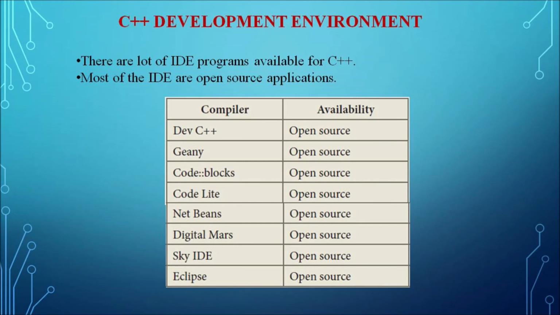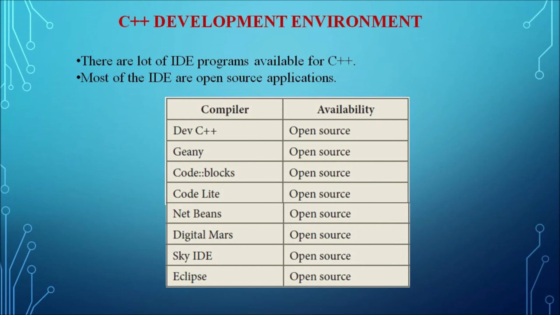In the execution of a C++ program, we came across the term IDE, that is Integrated Development Environment. Now we are going to see what development environments are available. There are a lot of IDE programs available for executing C++ programs, because the IDE makes it easy for the user to create, compile and execute the C++ program.